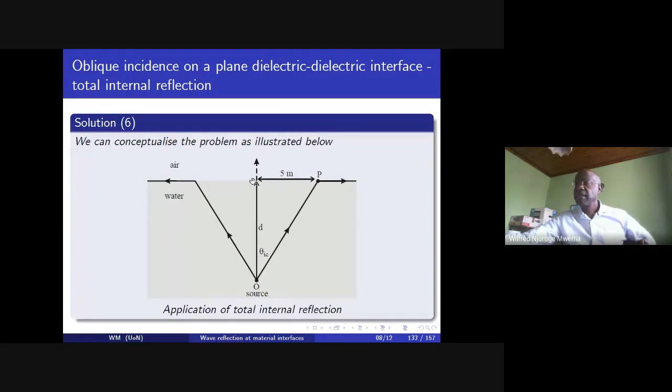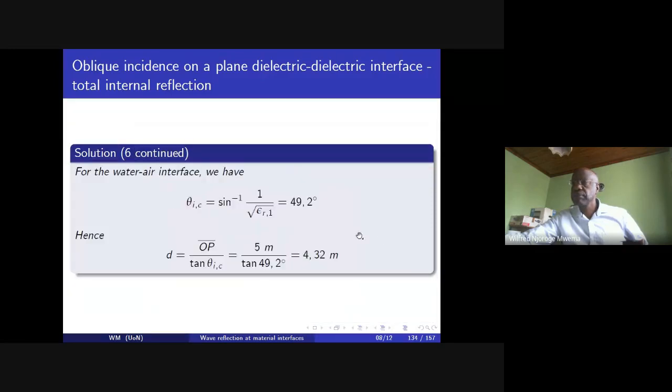So we've been given the radius of the illuminated spot on the water surface. The only thing you need to do is, first of all, compute theta IC, and then you can use the tangent of that angle to get the value of d that we are looking for.